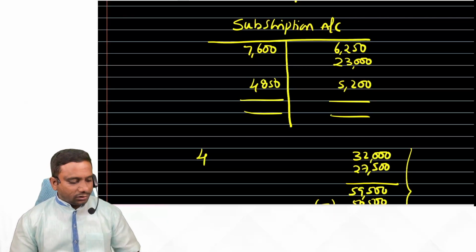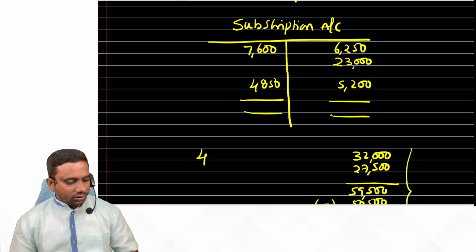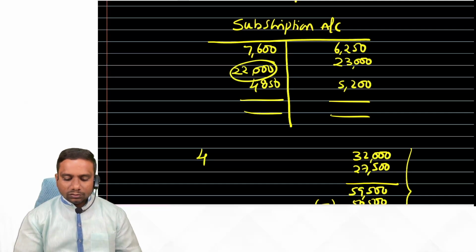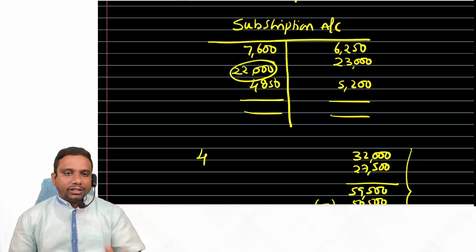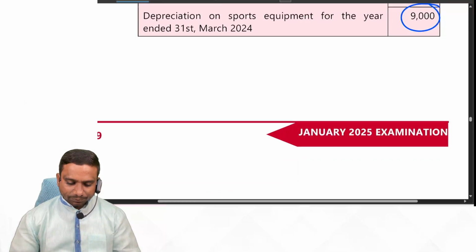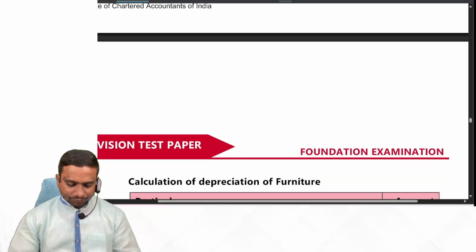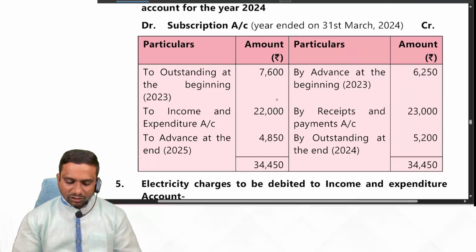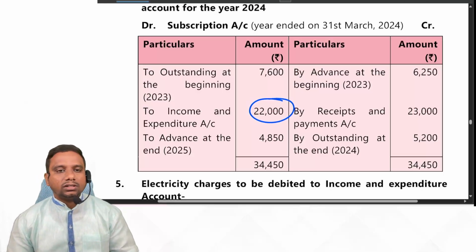Now you simply balance: 6,250, 23,000 plus 5,200 minus 7,600 minus 4,850. So 22,000 rupees subscription we transfer to the income and expenditure account. Yes or no, students? Right.